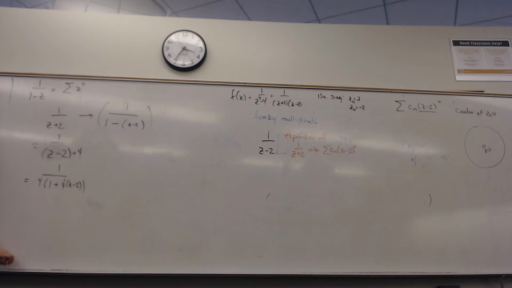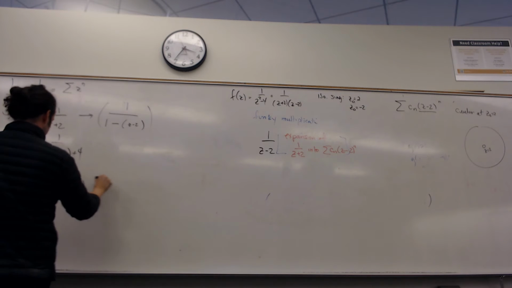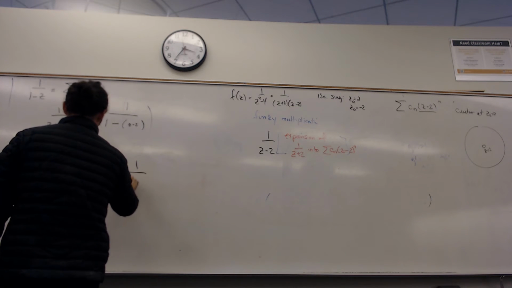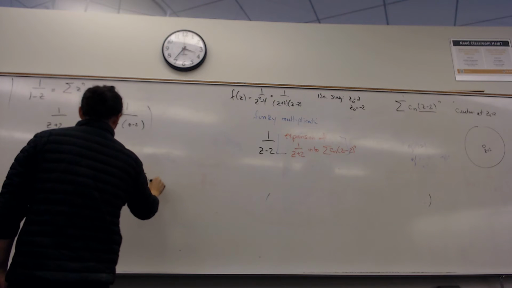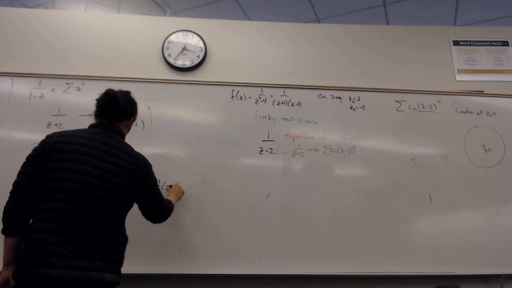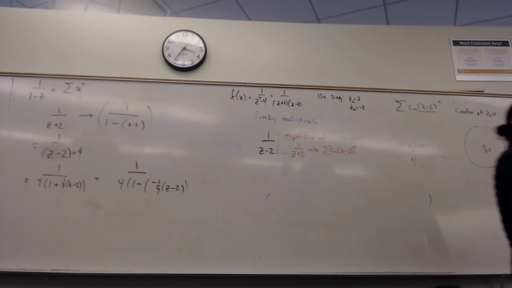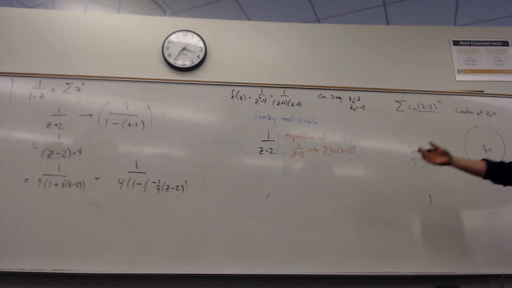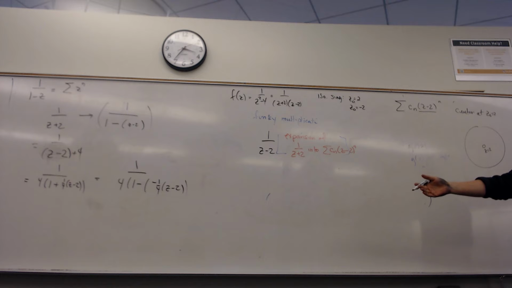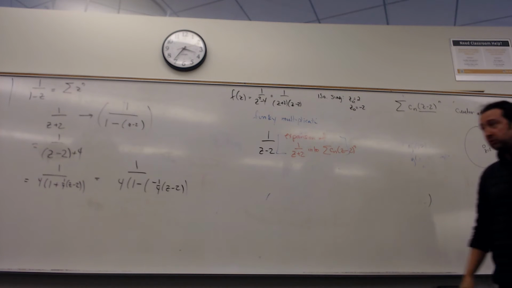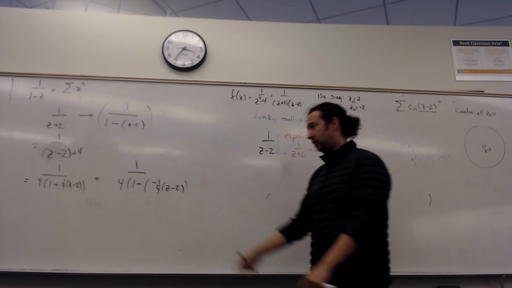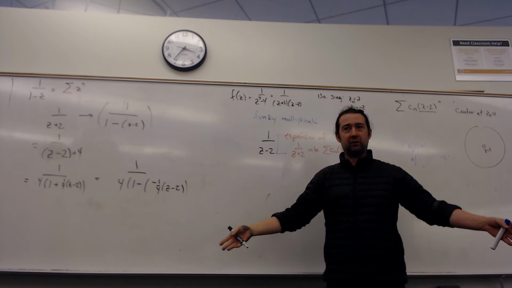Damn. So 1 over 4 times 1 minus negative 1/4 times z minus 2. So that algebraic monstrosity is equal to 1 over z plus 2. If you unwind that, you should get the same thing back again. All I did here was a plus, and double negatives are equal to each other.